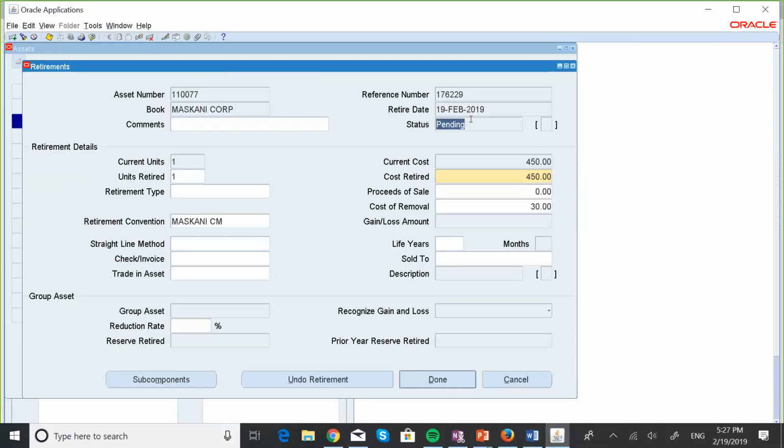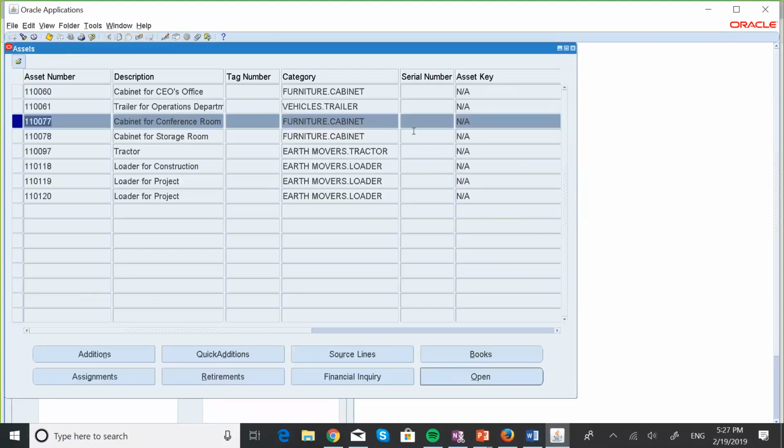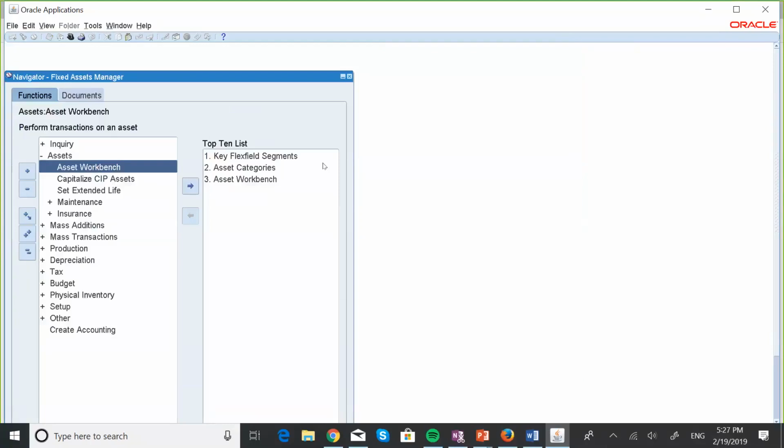And it will calculate the gains and losses associated with retirement for any assets that we have retired. So we have already done the retirement for this. Now when we run that program, this retirement will be complete. So that's what we're going to do.